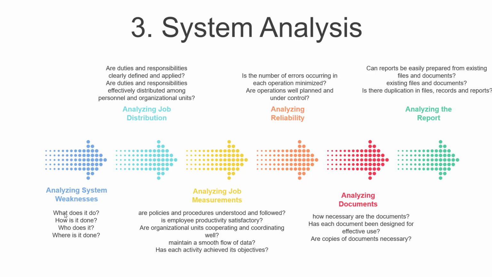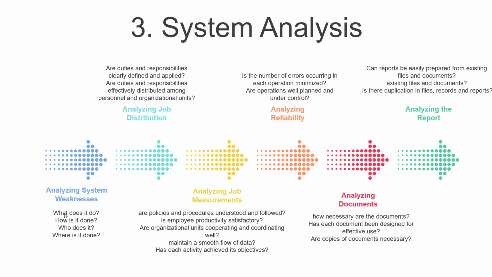The system analysis is a breakdown from the problem identification, and analyzing system weaknesses comes from what does it do, how is it done, who does it, and where is it done.